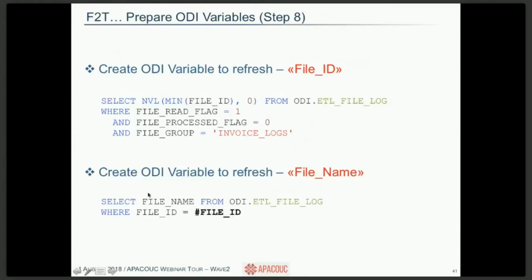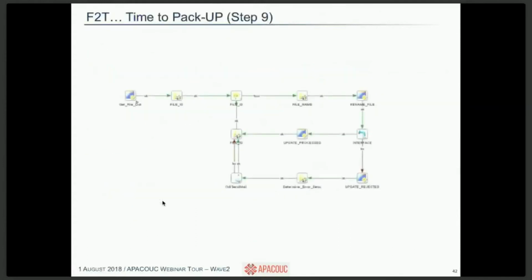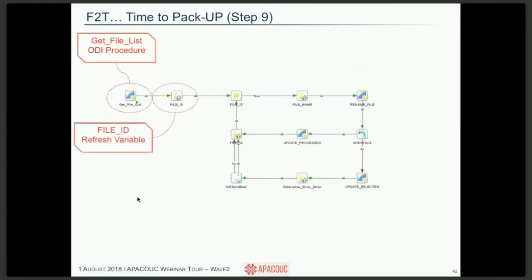Rename the file name to this file ID. You get the file name now. Then let's pack it up together. You get the file list, which is all now in the ETL file log. Refresh the file ID, start with number 1, 10, whatever it is, and evaluate the variable whether there's a real file ID. I mean, this generally gives bigger than 0.